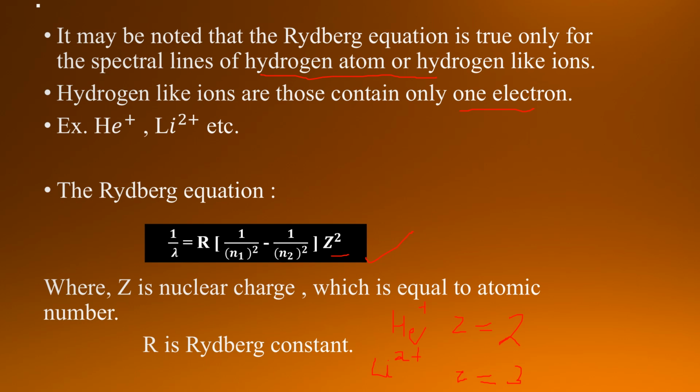So here z represents the atomic number of that particular atom which, on losing electrons, will behave like hydrogen, meaning it will have only 1 electron.